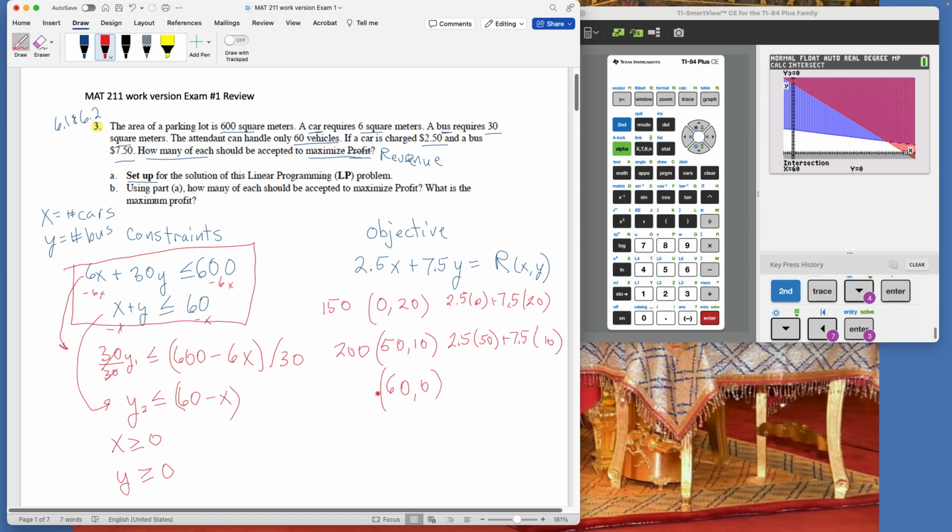And finally, we'll have 60, sorry, 2.5 times 60 is the way we're plugging in the 60, right? Plus 7.5 times 0. So 2.5 times 60 gives us 150.